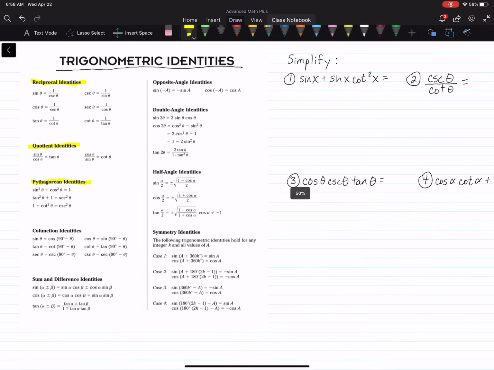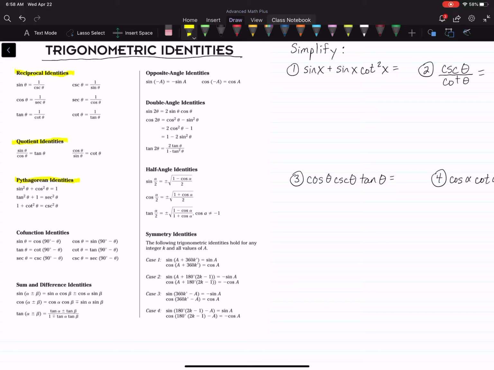Again, my first step is to make everything sine and cosine, or for this problem, you can factor because they both have a sine of x, so that is the greatest common factor. If you take that out, you will be left with sine of x times 1 plus cotangent squared of x. All I did was factor that out to the front.